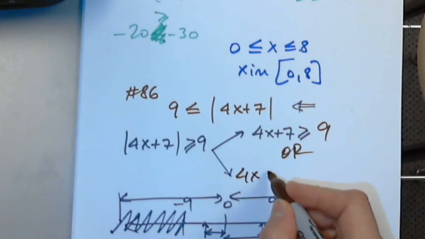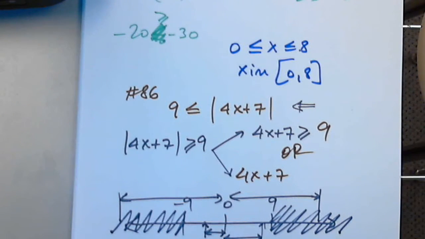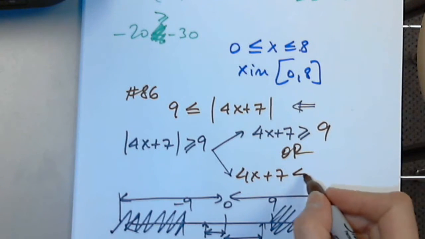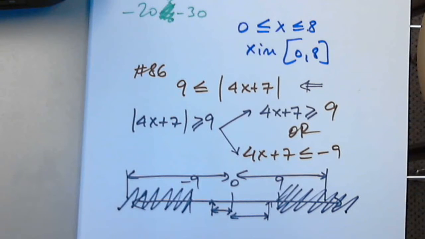Or 4x plus 7 to be less than or equal to negative 9. Awesome. Thank you. Is that clear? It cannot be between negative 9 and 9. 4x plus 7, whatever the number is, cannot be between negative 9 and 9, because the distance would be less than 9 units.